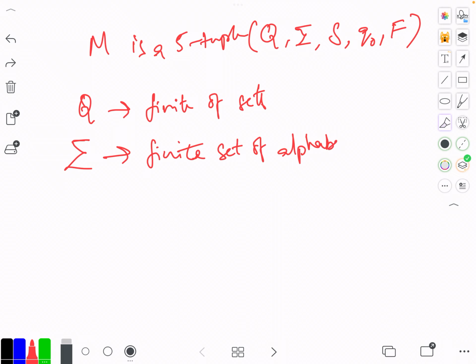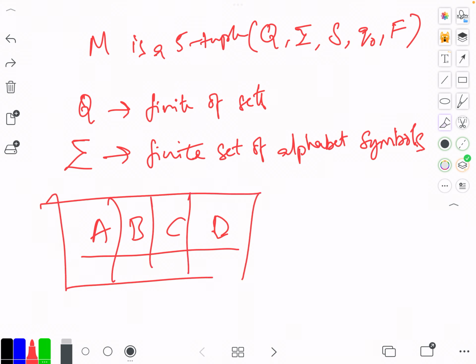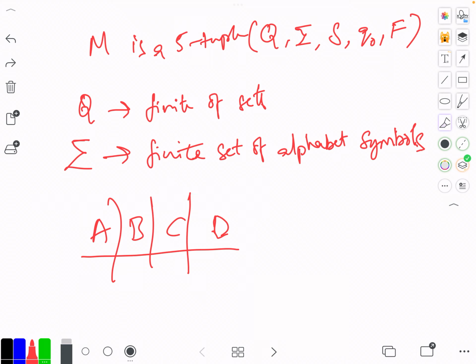Just alphabet, as in English. All these, A, B, C, D, we have given them sounds and everything, but these are some sort of notation in the language where we use them. So we call them alphabetical symbols. So that is sigma.